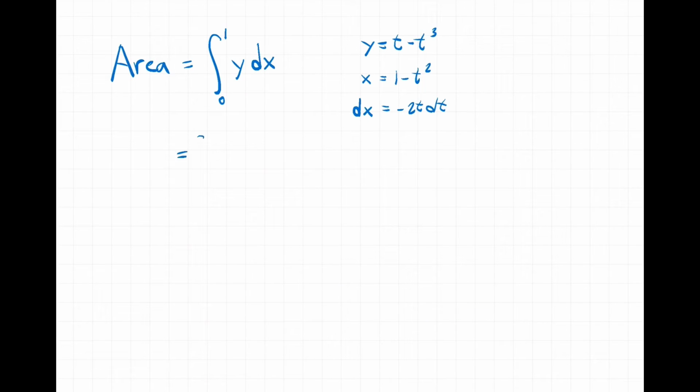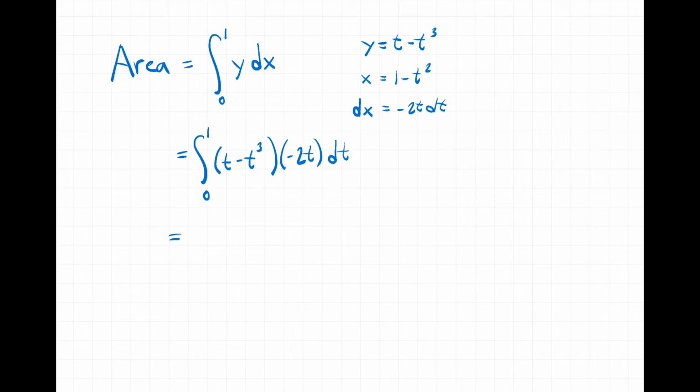So we have the integral from t equals 0 to t equals 1, the bounds we've determined, of y, which is t minus t cubed, times dx, which is negative 2t dt. Do put the negative 2t in parentheses so you don't accidentally think you're subtracting instead of multiplying by a negative. This is a very easy integral to solve. We just have an algebraic function in here. Let's just work it out.